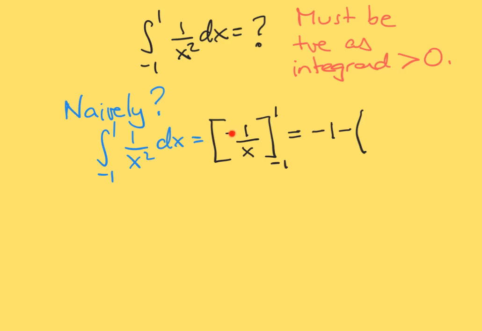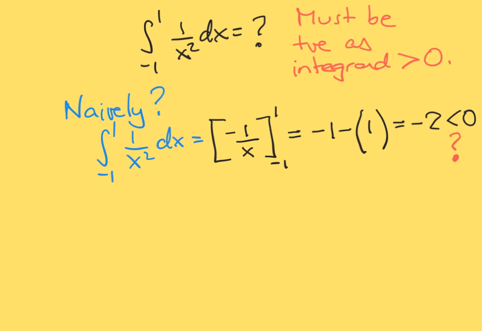At the lower limit we have -1 divided by x, and x at the lower limit is -1, so it's -1 over -1, and that's plus 1. So we have -1 minus 1, and that is -2, which is less than 0. So therefore we think to ourselves there is something wrong. Now you might think that we have calculated the integral incorrectly, but we haven't. You're welcome to check it.